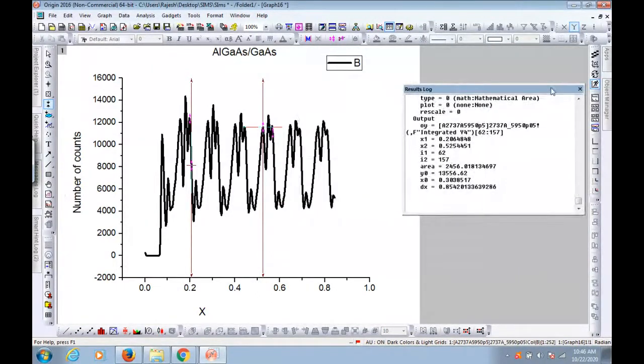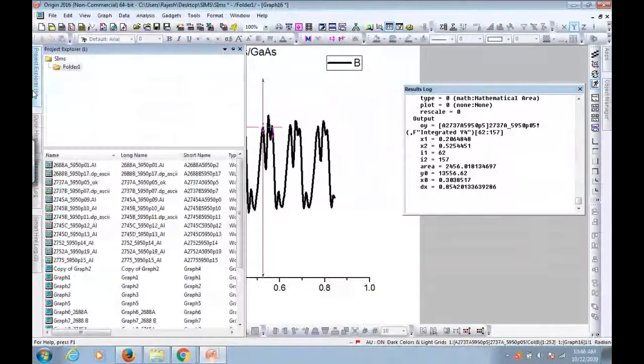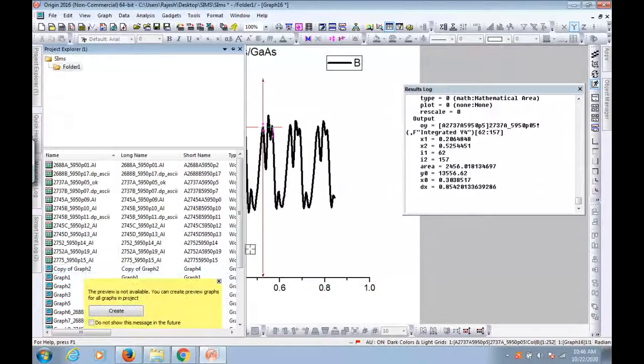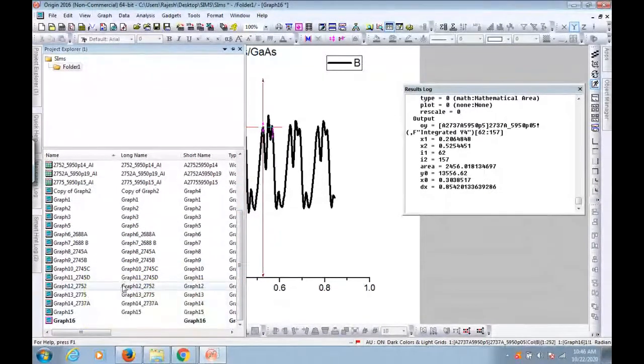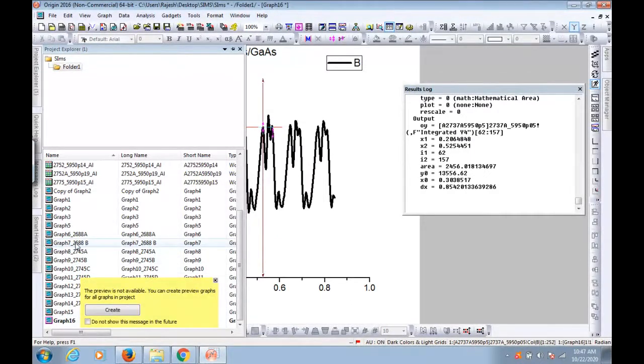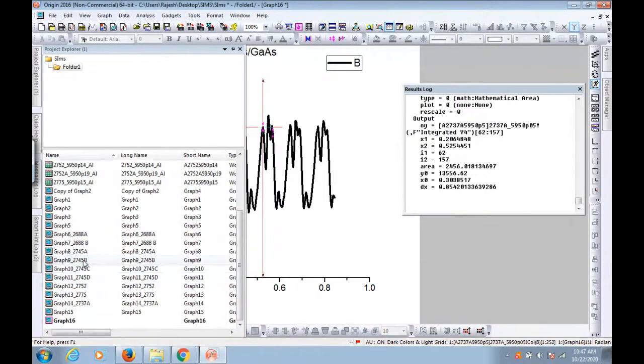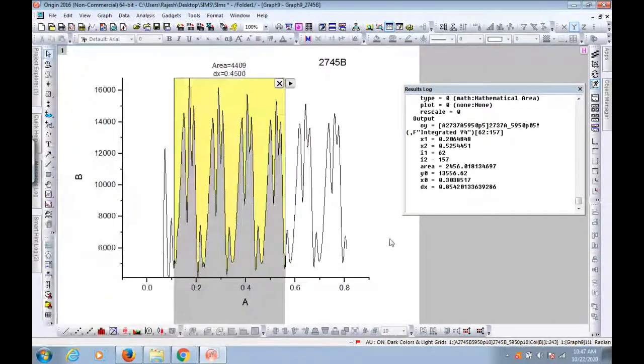That can be understood with the help of this one. If you want to calculate that, I can show you one of the graphs that will give you this value. For example, from here you can calculate the area, and this integration will give you this. If you divide these two numbers, that will give you the value of this area under the curve. From here you can estimate the aluminum content.